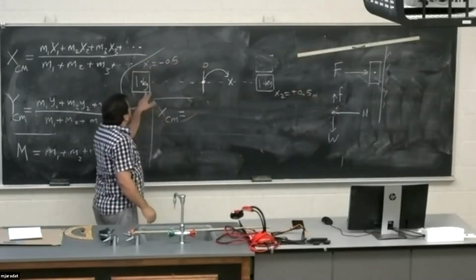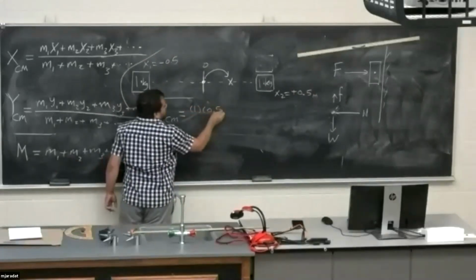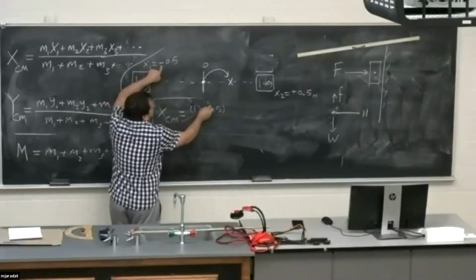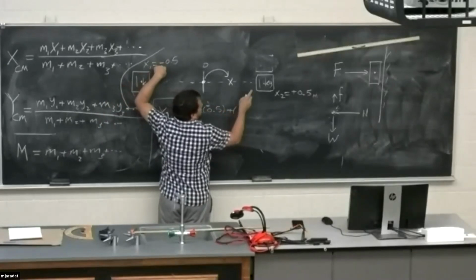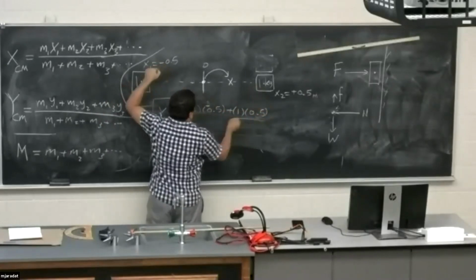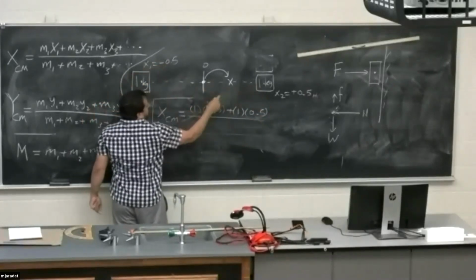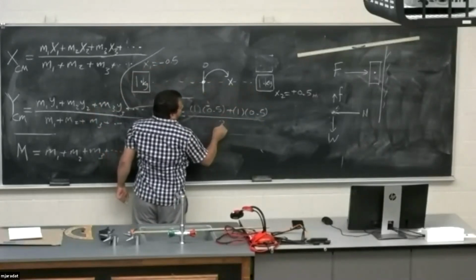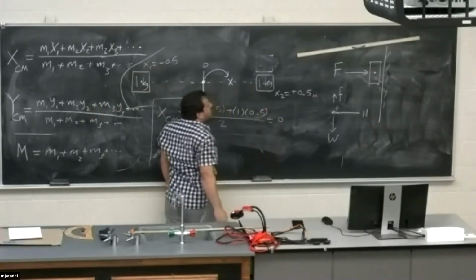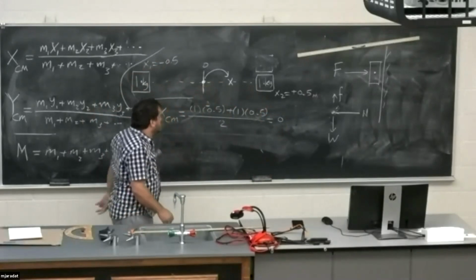The mass is 1 kilogram, 1 by its position, which is 0.5, with a negative sign, plus m2, 1 multiplied by 1/2 with positive sign, over the total mass, which is m1 plus m2, 1 plus 1 is 2. So this minus this, or plus this, will be 0. My x center of mass is at x equal to 0 meters.